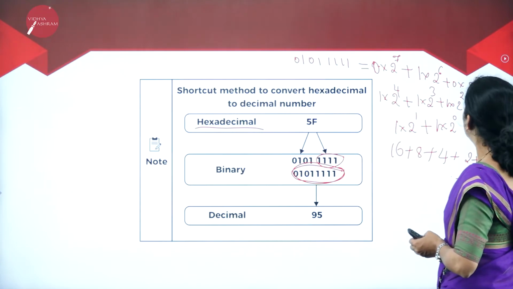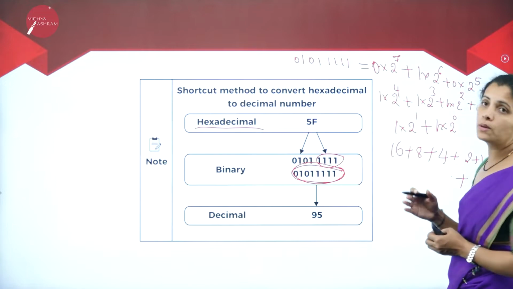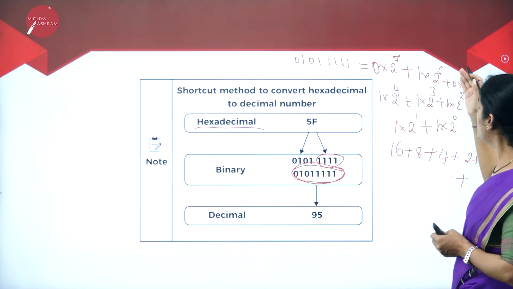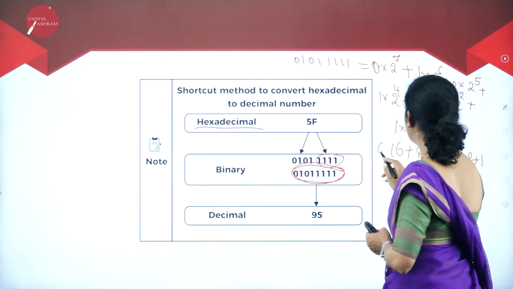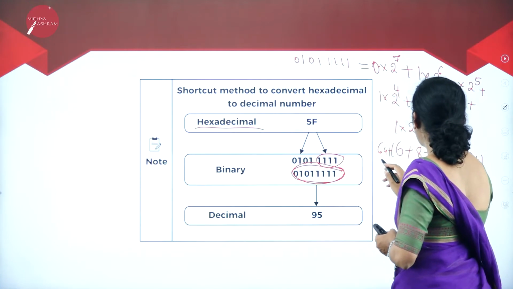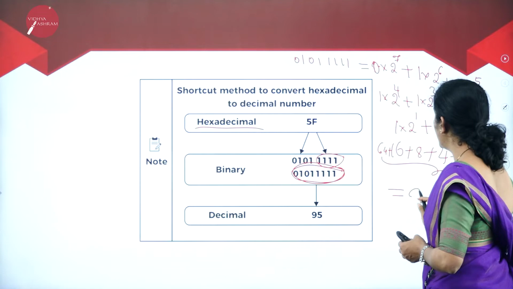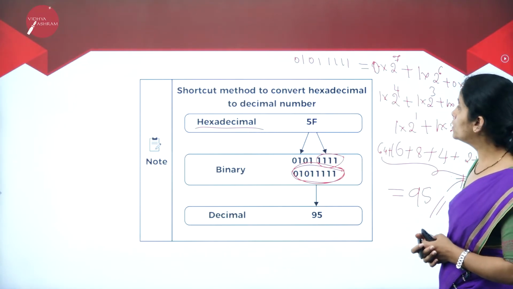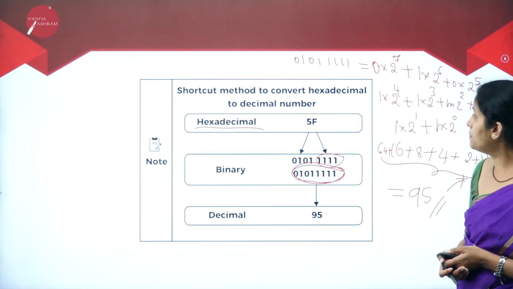Plus 2 to the power 5 is 32, and 32 into 0 is 0. 2 to the power 6 is 64, and 64 into 1 is 64. Now I add all these numbers together, and I'm going to get 95. This is the way I can convert the hexadecimal number to a decimal number.